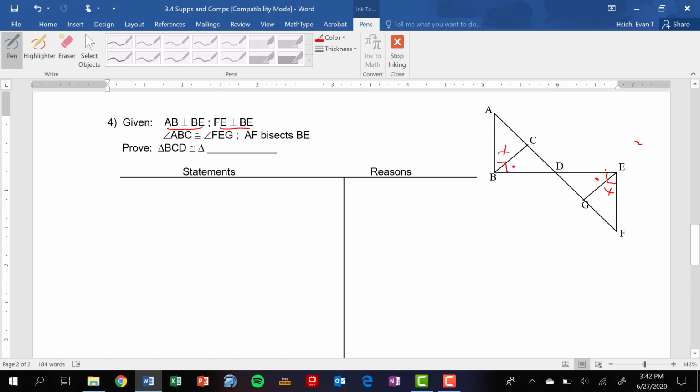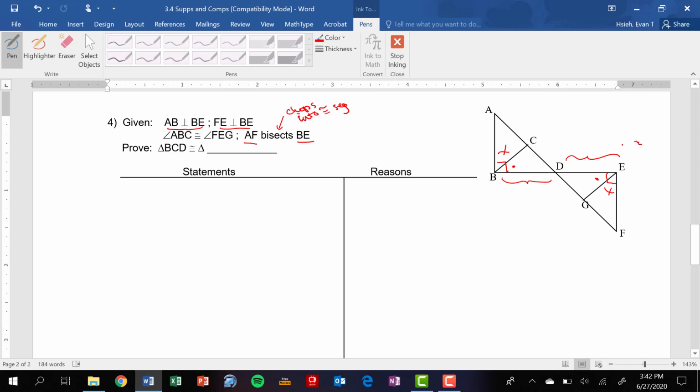AF bisects DE. So AF chops BC, or BE, into congruent segments, which means that this is congruent to this.